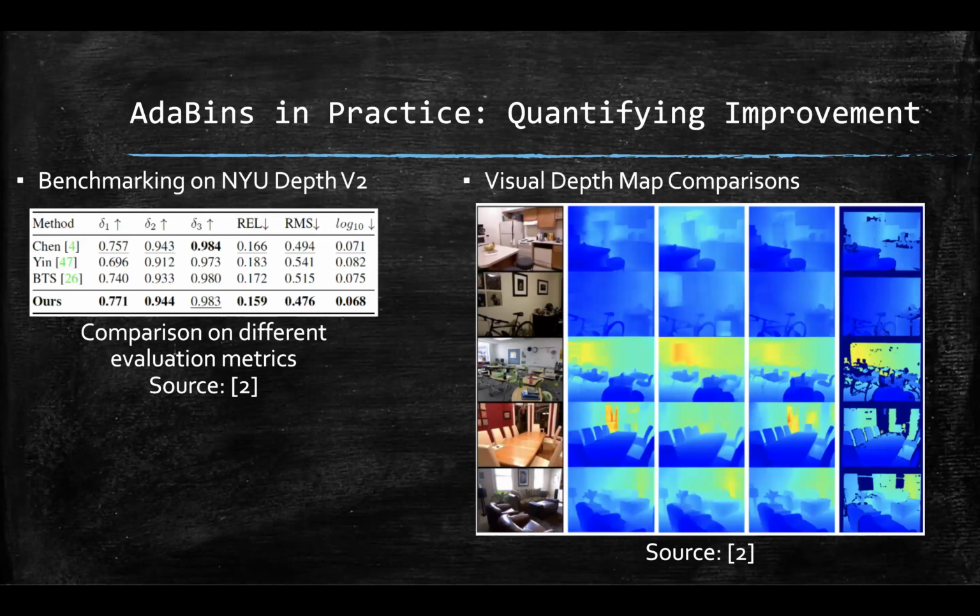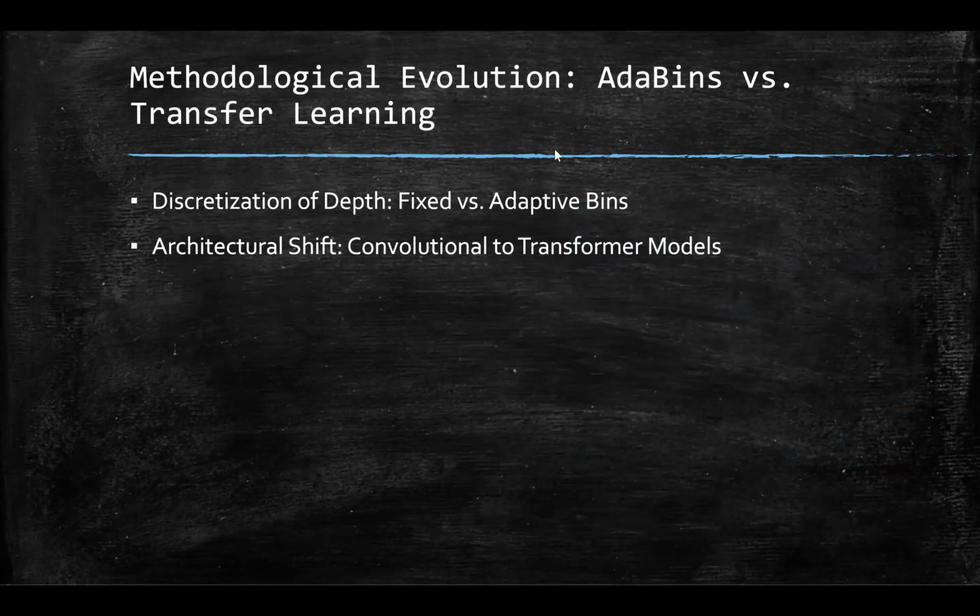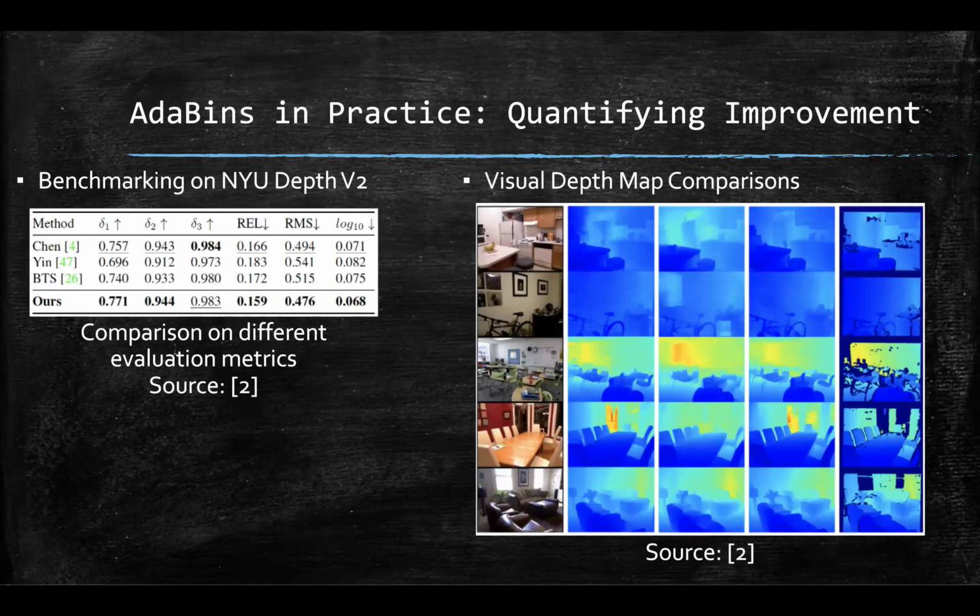Okay, here quantitatively, AdaBins achieves superior performance metrics over traditional methods. This includes lower error rates and higher accuracy in standard metrics such as absolute relative error, squared relative error, and root mean square error, and things like that.